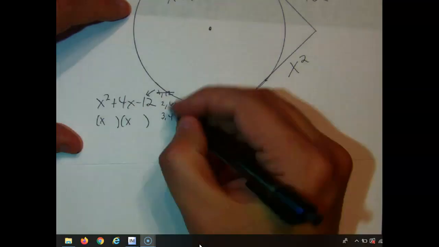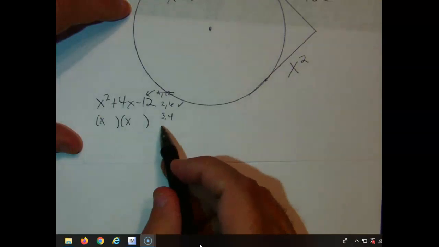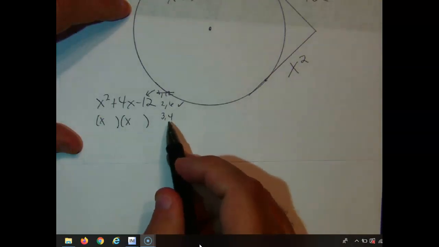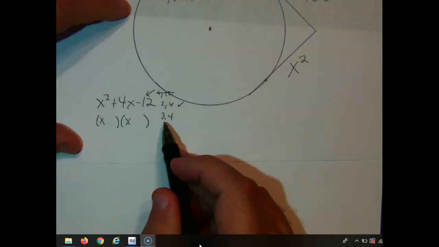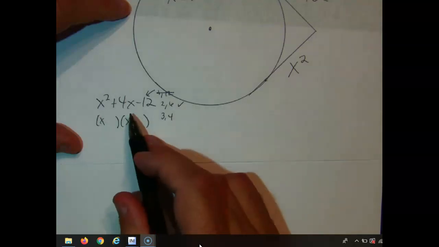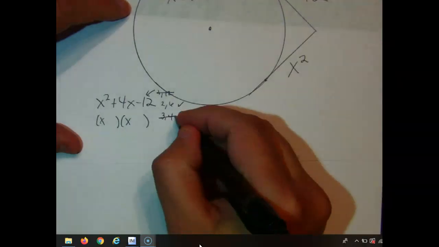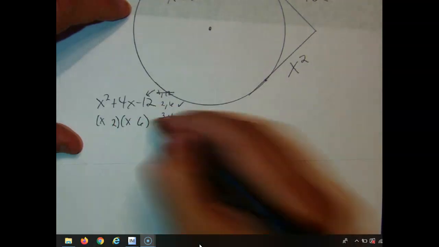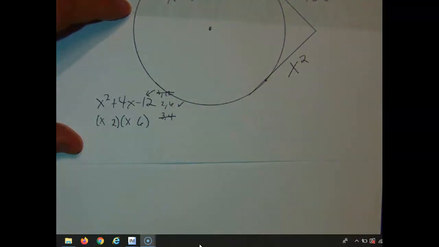So it's probably 2 and 6. Now let's check 3 and 4 to make sure. 3 plus 4 is 7. 4 minus 3 is 1. That does not give us 4. So 2 and 6 would be your two numbers on the ends.